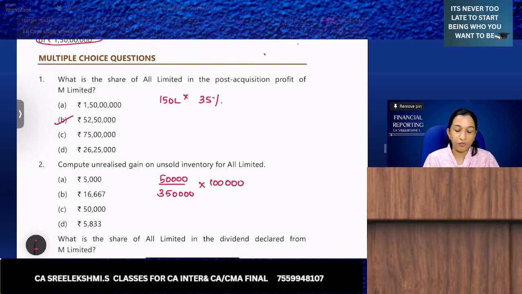So I am finding out 50,000 divided by 3,50,000, 14.29% on 1 lakh, 14,285 into 35%, 4,999. We'll take it as 5,000.